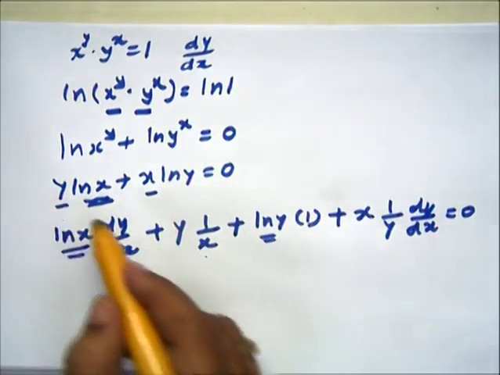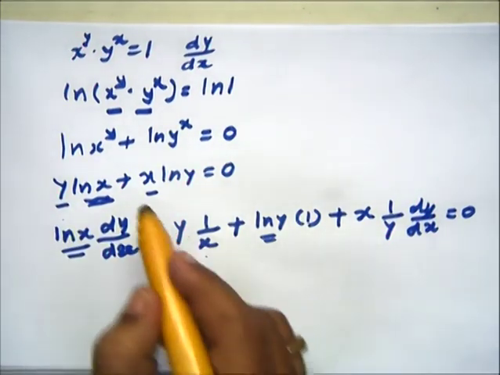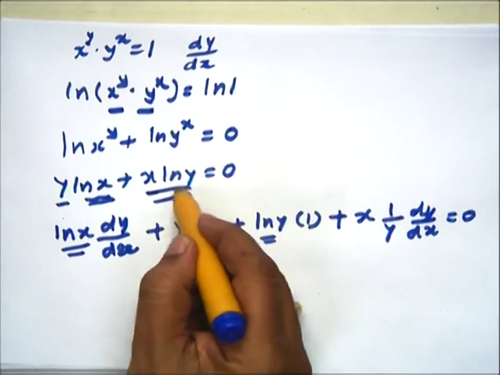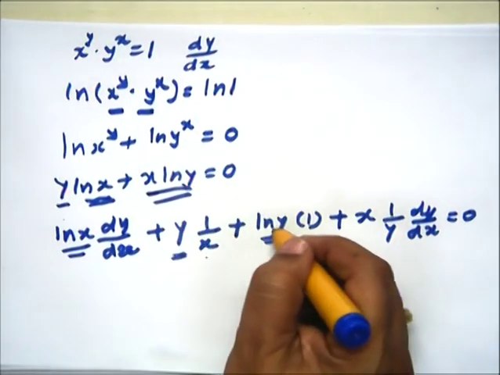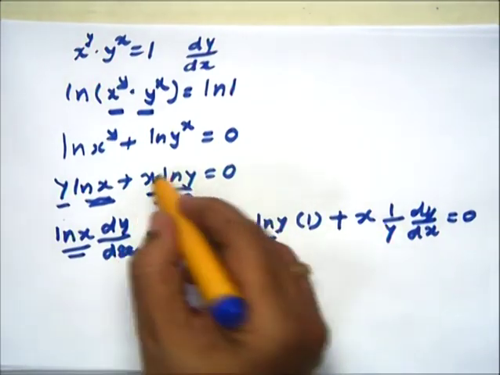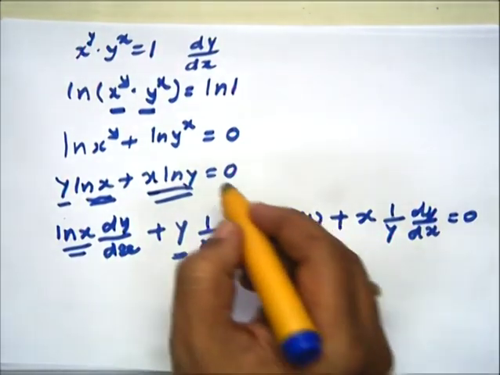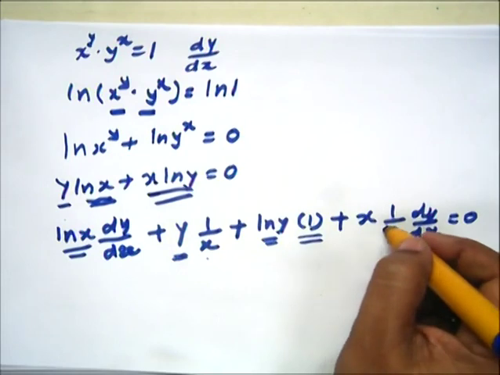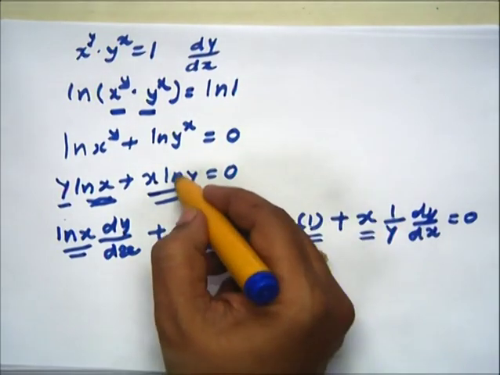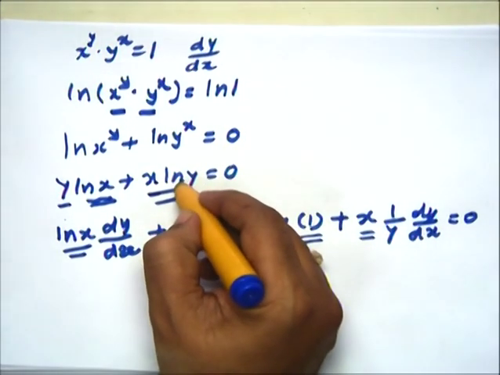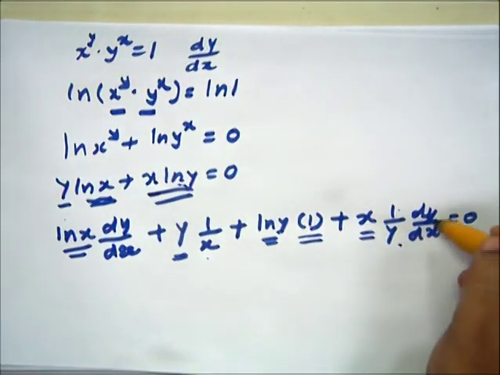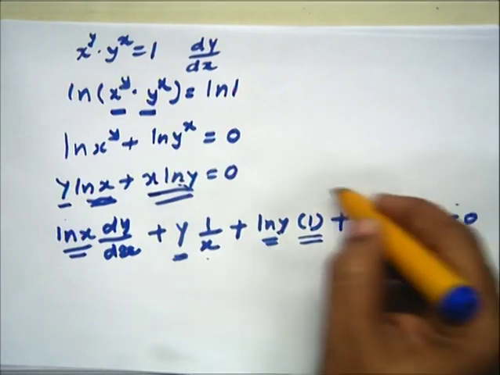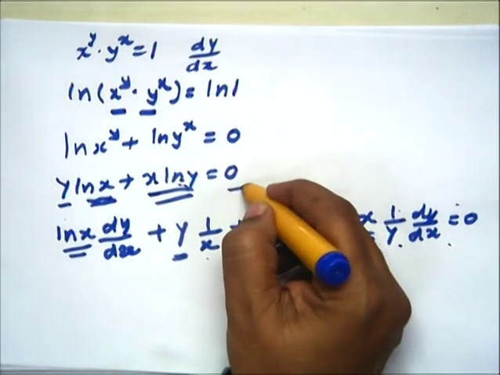Now for the second term, we have log y as it is into the derivative of x, that is 1, plus x as it is and the derivative of log y with respect to x. First we differentiate with respect to y, so it is 1 upon y into dy by dx, and on the right hand side we have 0.